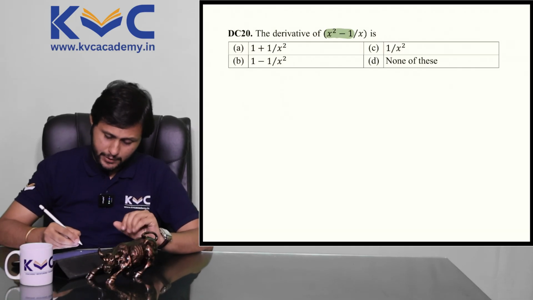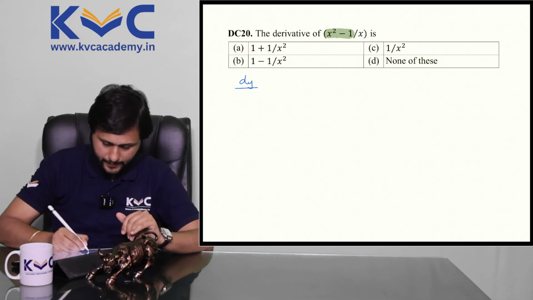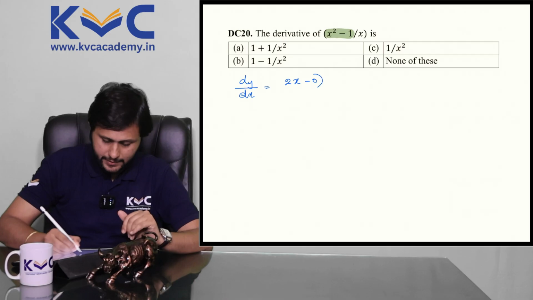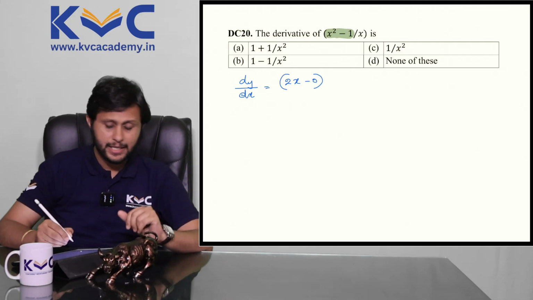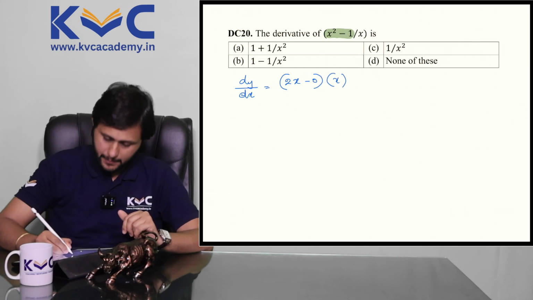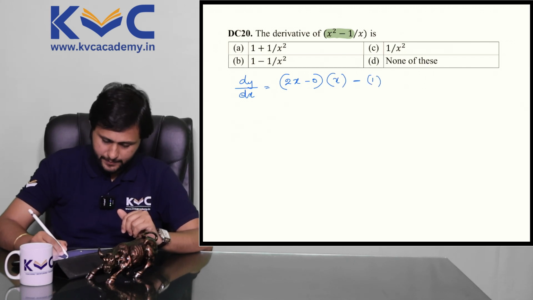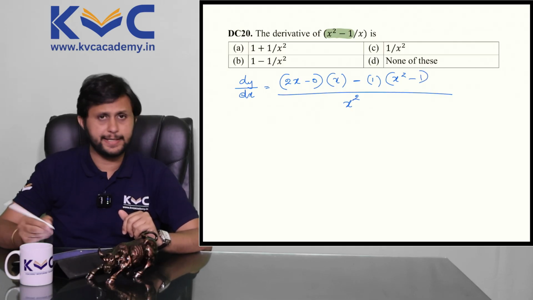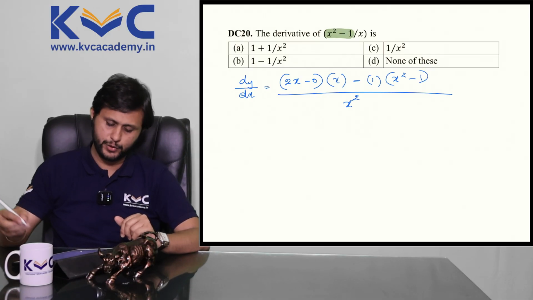Fine. Now we will solve the numerator. Differentiation of numerator, 2x minus 0. Differentiation of x square is 2x. Differentiation of 1 is 0. Second function as it is, minus differentiation of second function, first function as it is, whole divided by second function, that is denominator whole square.